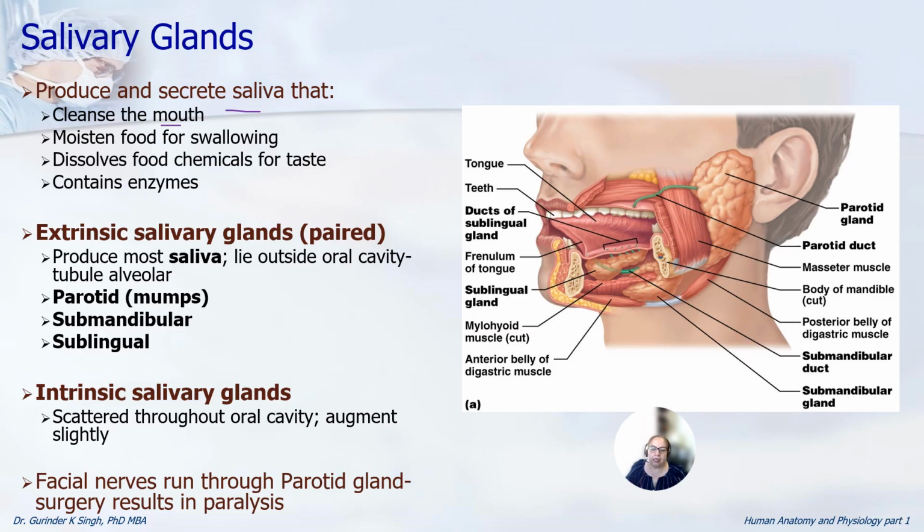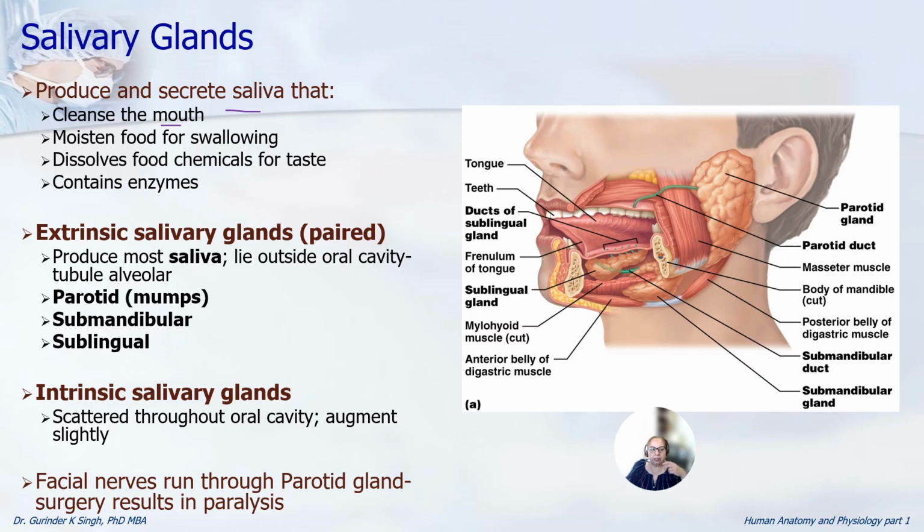It does have enzymes in it, which help to dissolve or start breaking down the food inside our mouth. Since it's water, it can also dissolve all the odorants or taste molecules, which helps us to taste the food.